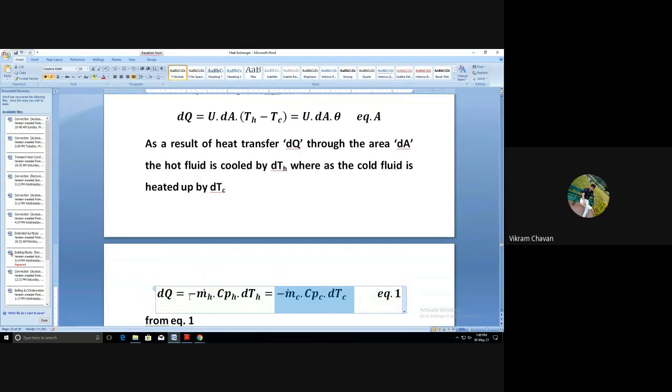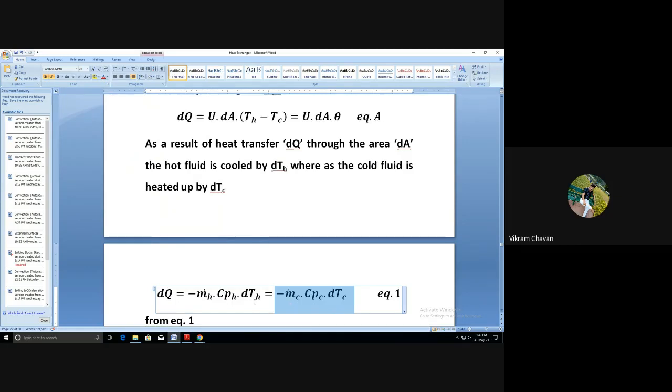So dq is equal to minus m dot h multiplied by Cph multiplied by dTh, which is equal to minus m dot c multiplied by Cpc multiplied by dTc, where m dot h is the mass flow rate of the hot fluid, m dot c is the mass flow rate of the cold fluid, Cph is the specific heat at constant pressure for the hot fluid, and Cpc is the specific heat for the cold fluid.